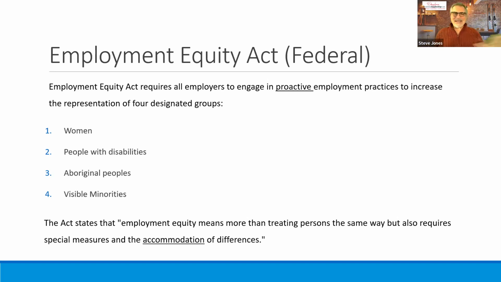It doesn't have anything to do with there's 2 candidates left for the job and I have to hire that person under my quota. There's no quotas. You don't have to hire that person to meet my quota. As a matter of fact, employment equity data and information is all confidential.